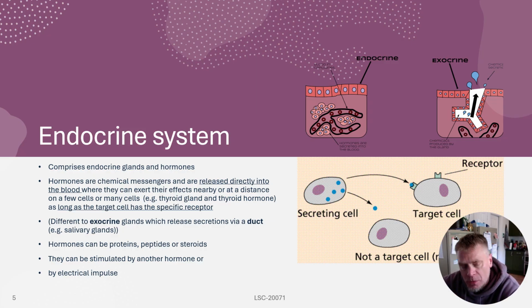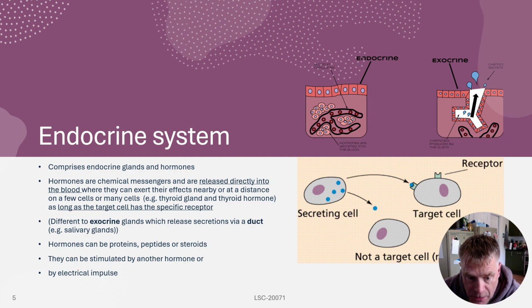So now we know a bit about what a hormone is. Then we can consider the endocrine system, which is the whole system of hormones. This has the endocrine glands that produce the hormones, and these chemical messengers are released into the bloodstream, and they exert their effects nearby or at a distance.